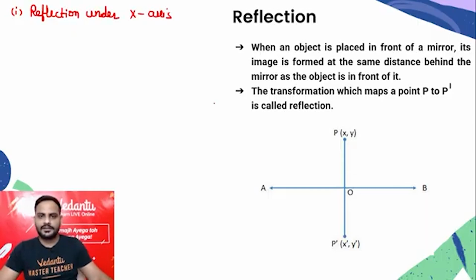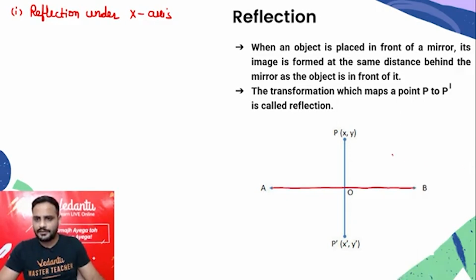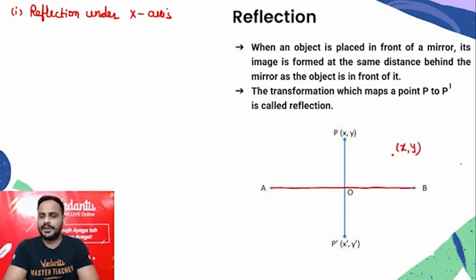So if I treat this x-axis as the mirror, and if I choose a point over here, let's say any point x, y. If I choose a point x, y over here, suppose this is the point P.